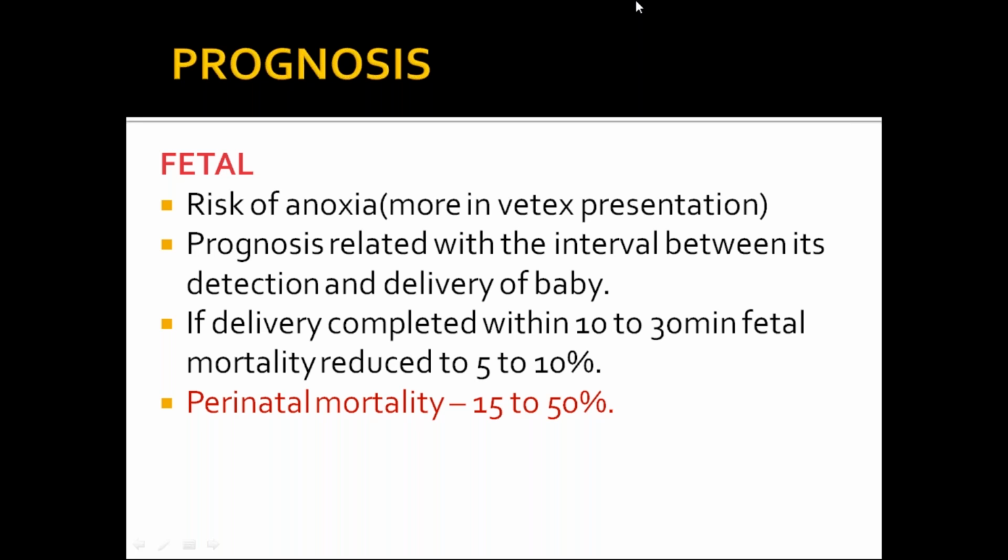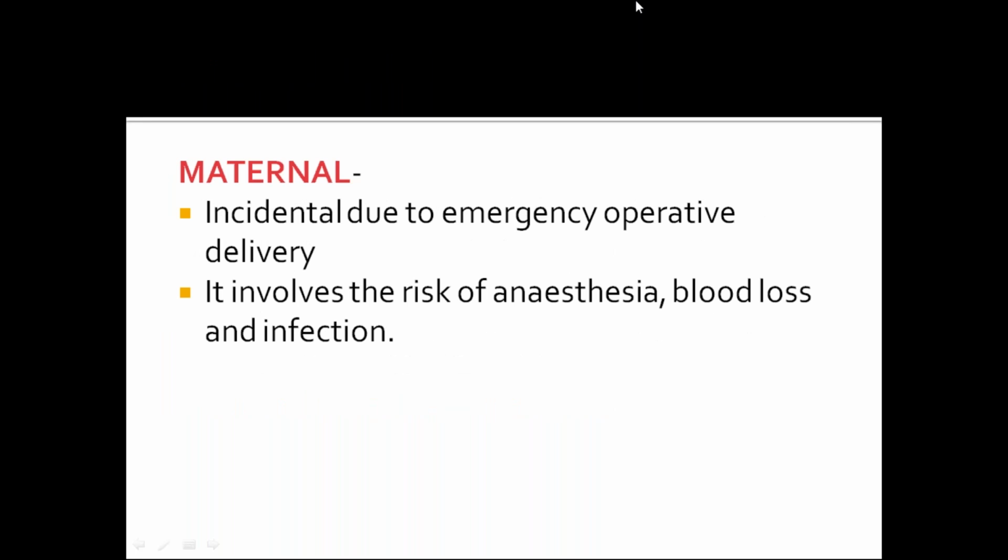But if the interval between the cord prolapse and the delivery of the baby is long, because of anoxia there will be perinatal mortality. The fetus may die. And for the mother, what are the problems? Only cesarean section she might have, or risk of anesthesia, and sometimes blood loss and infection. This is the same for any cesarean section.